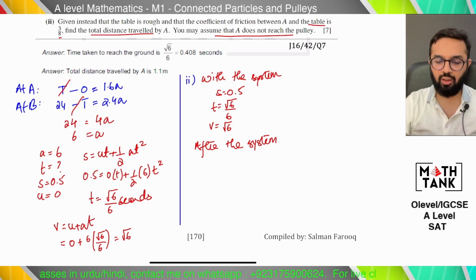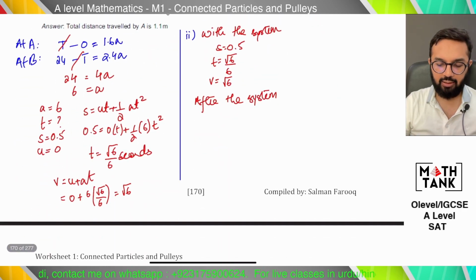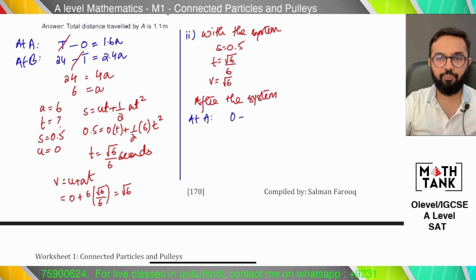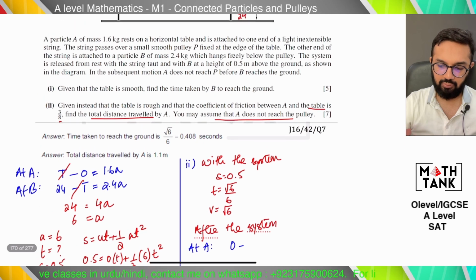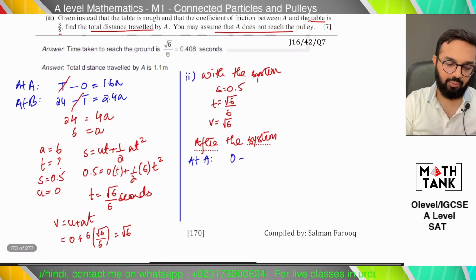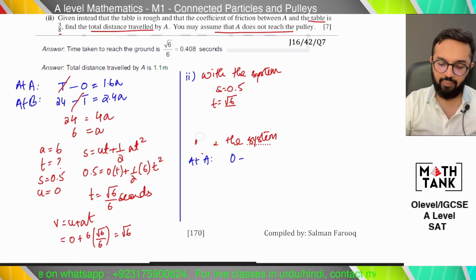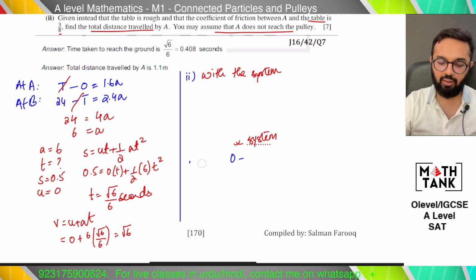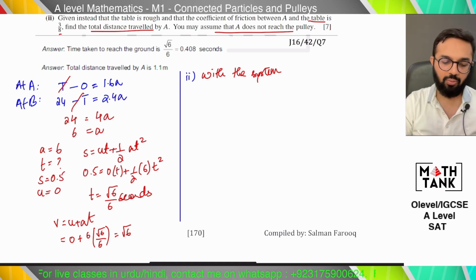Which means that B has reached the ground and there is no tension anymore. Oh, no. What you'll have to do is rework with the system as well, because it's a 7-mark question. Let's start off with the system.